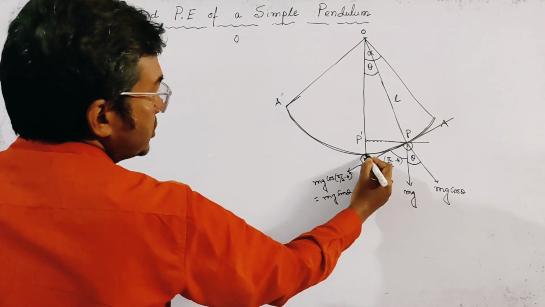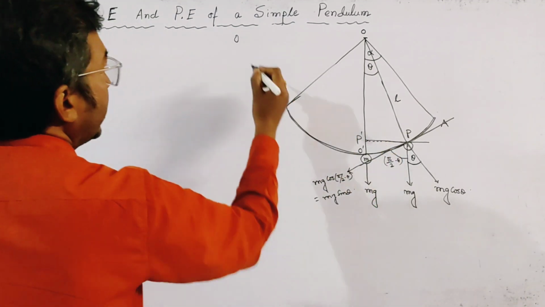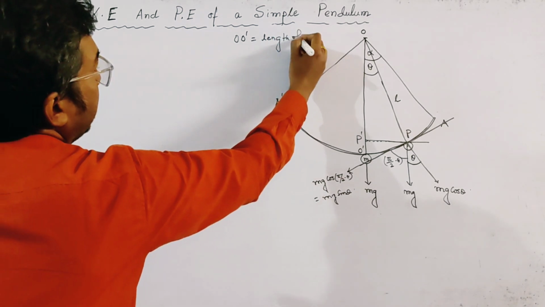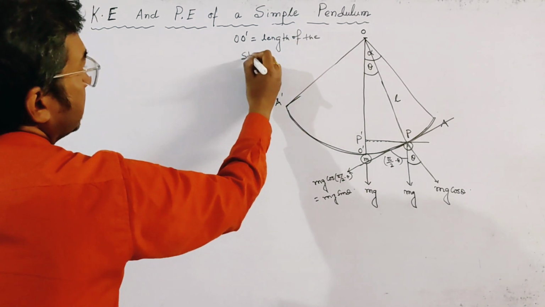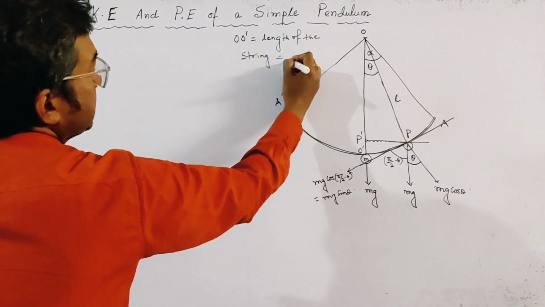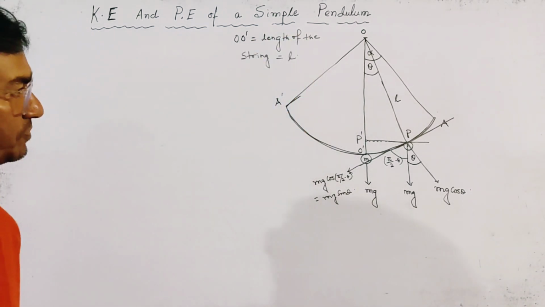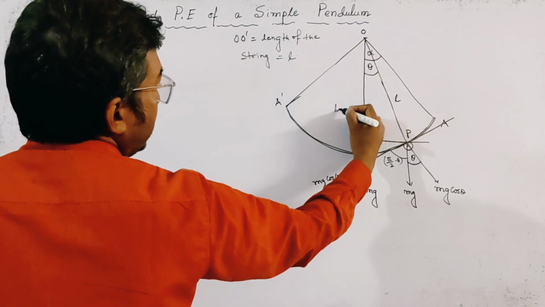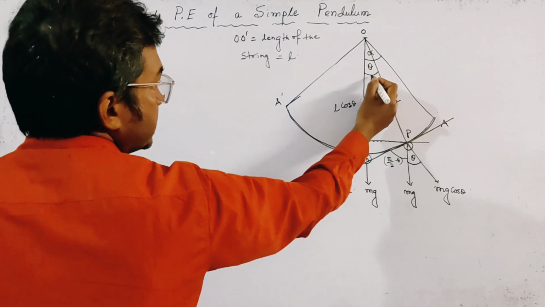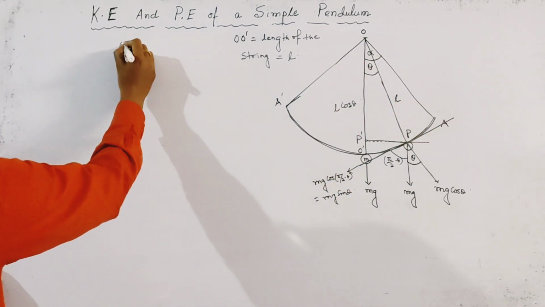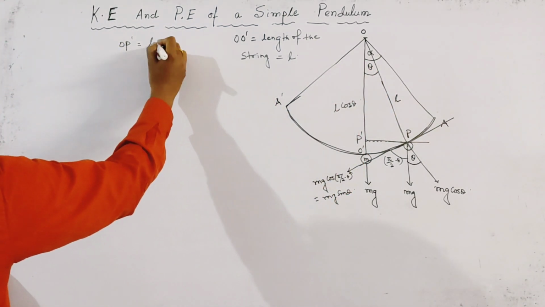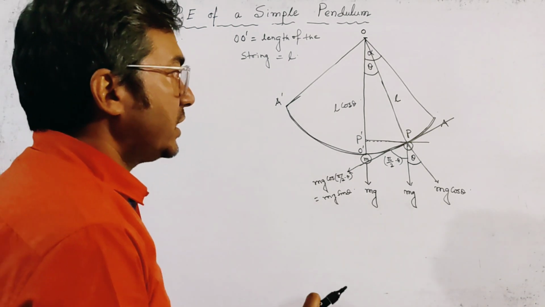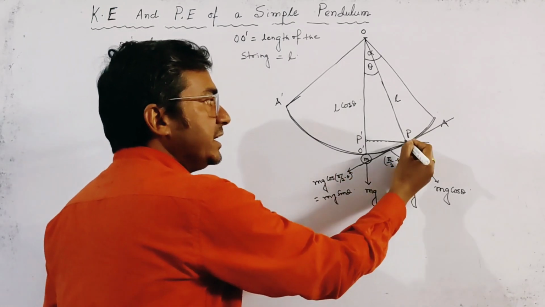O dash is the lowest point, and O O dash is the length of the string, let it be L. Clearly from this triangle OPP dash, because this angle is theta, OP dash is L cos theta.